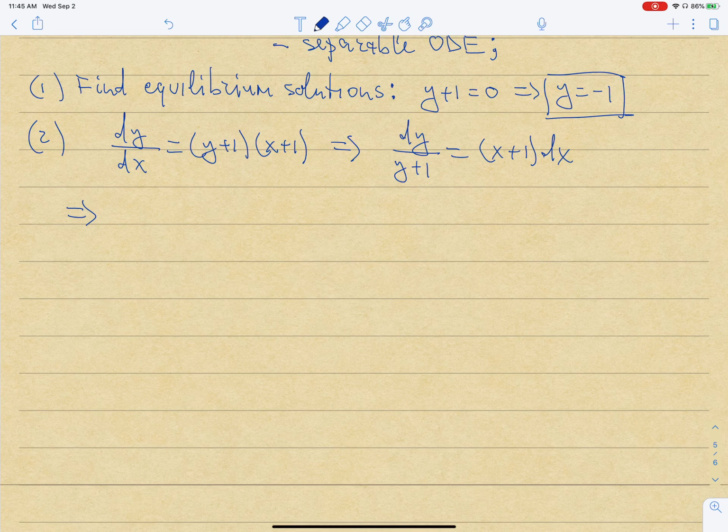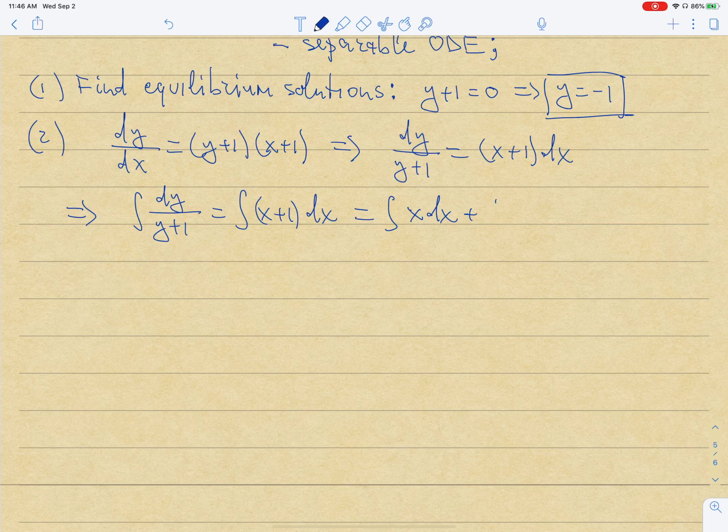So integral of dy over y plus 1 is equal to integral of x plus 1 dx. Let's compute the x integral first. That's the same thing as an integral of x dx plus integral of dx, x squared over 2 plus x plus the constant.